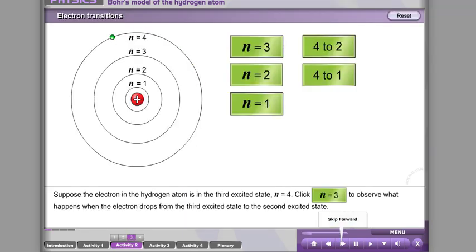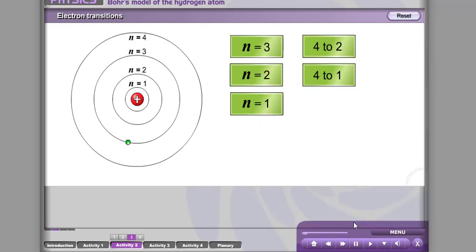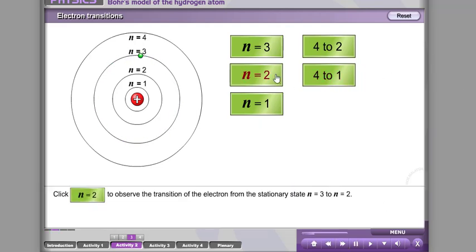Suppose the electron in the hydrogen atom is in the third excited state, n equals 4. Click the n equals 3 button to observe what happens when the electron drops from the third excited state to the second excited state. Click the n equals 2 button to observe the transition of the electron from the stationary state n equals 3 to n equals 2.